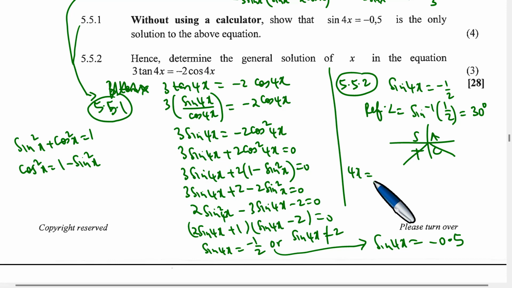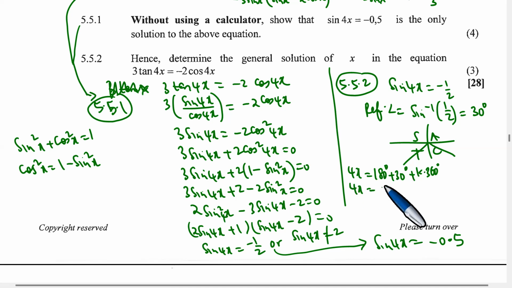Okay, we continue. In this quadrant, you're going to have 180 plus 30 plus k times 360, which is 4x.